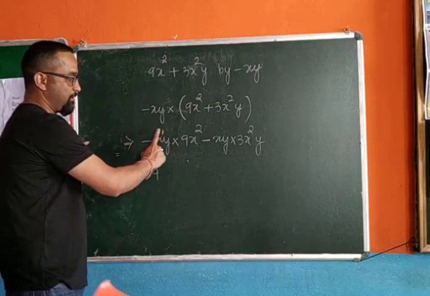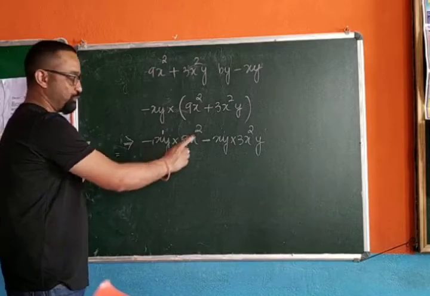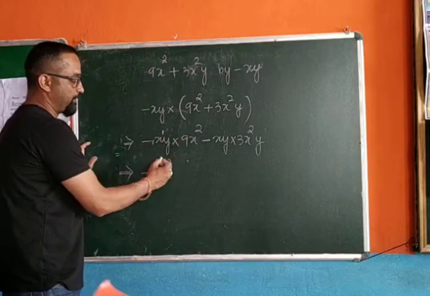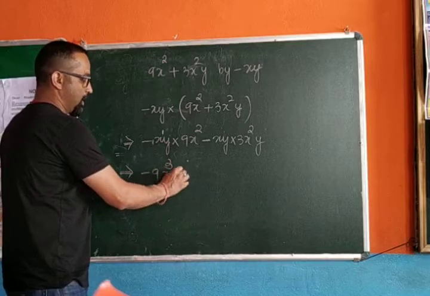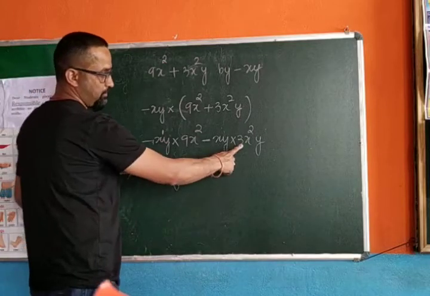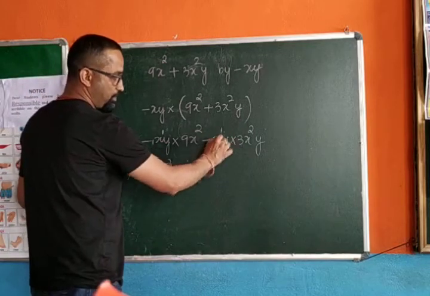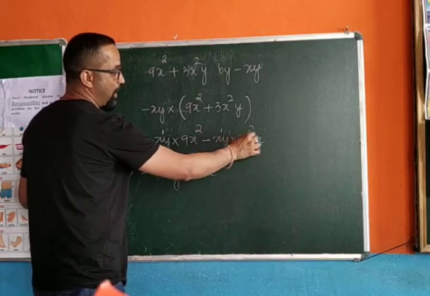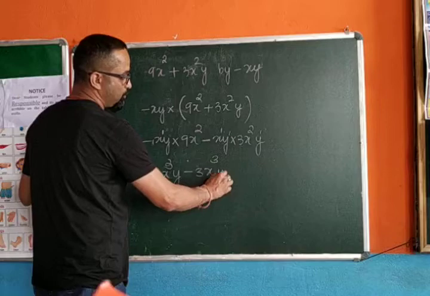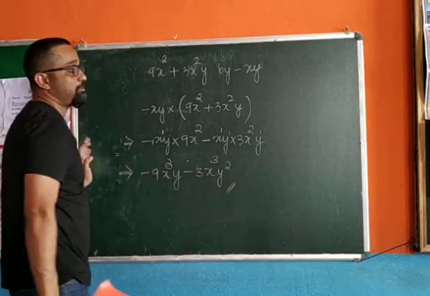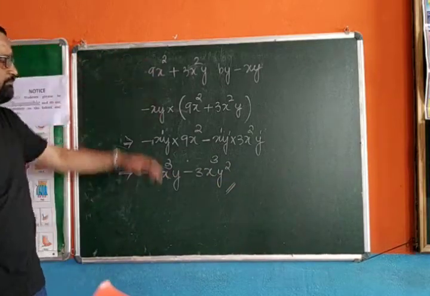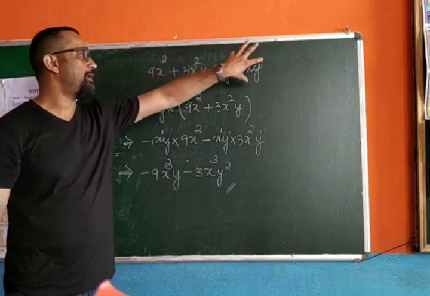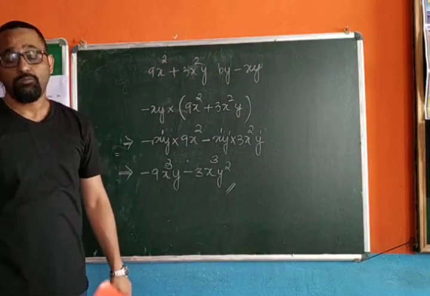Power is 1. 1 and 2. Add it up, you get 3. Y minus 3. Power is 1. X to the power of 3, y1, 1 plus 1 is 2. This is the multiplication of polynomial by a monomial.